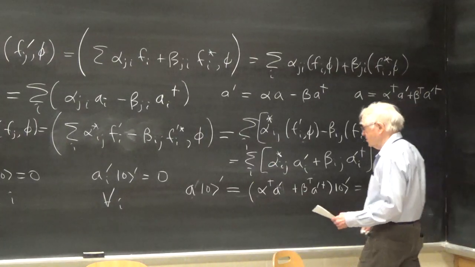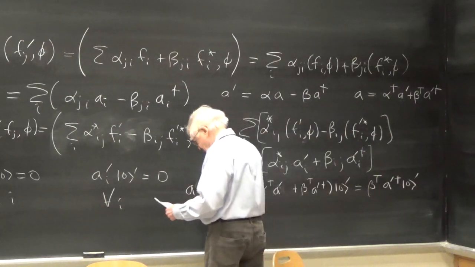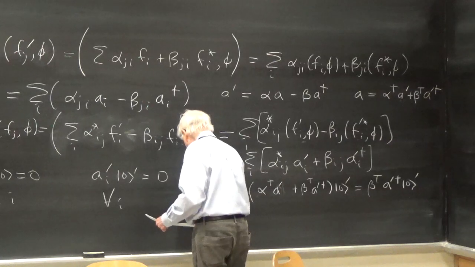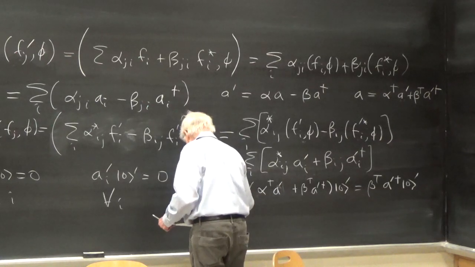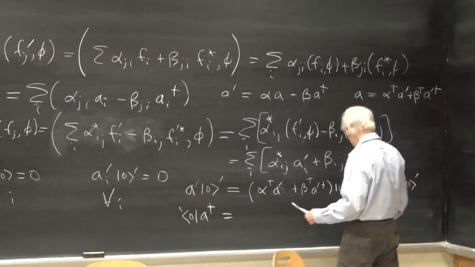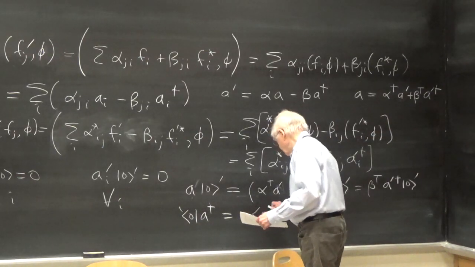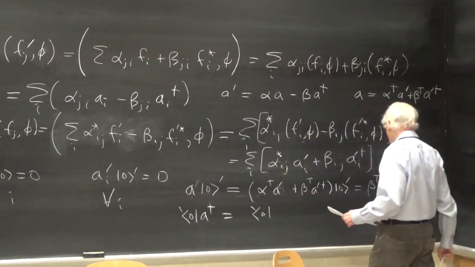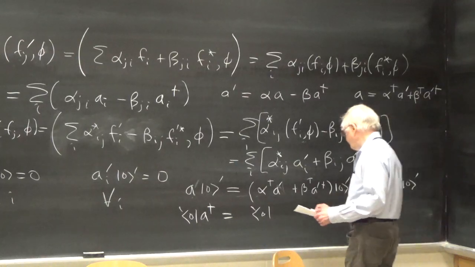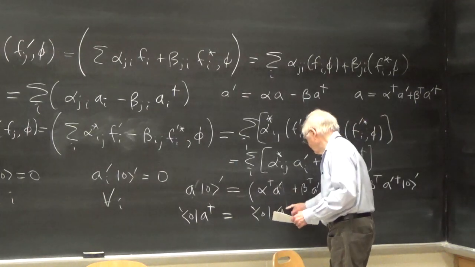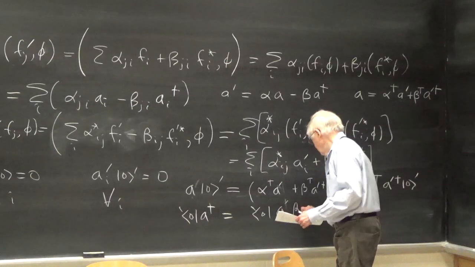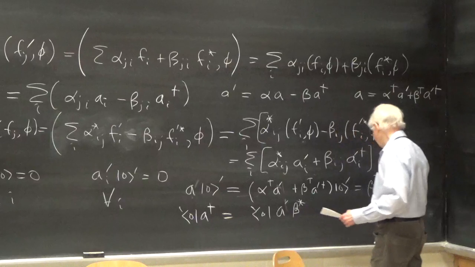So now what we can do is take the adjoint of this equation, and what we get is the bra of the prime system vacuum, A prime, beta complex conjugate.